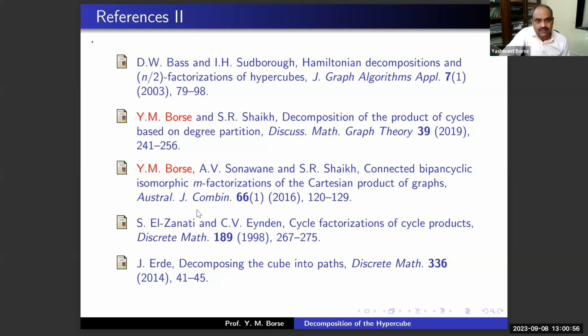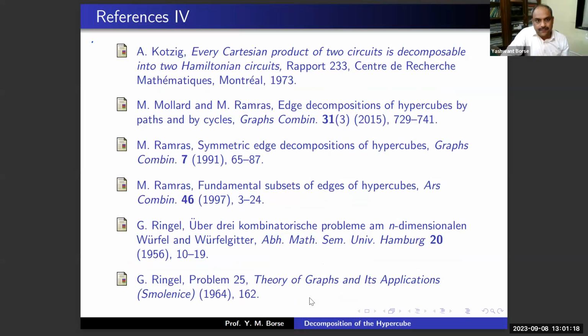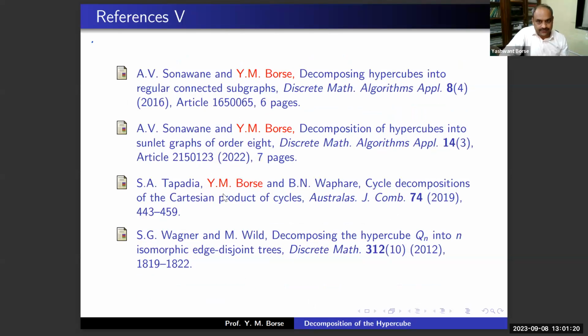These are our papers on degree-based decomposition, M-factorization. And this is the paper I was talking about, decomposition of augmented cubes into regular connected pancyclic subgraphs, a recent paper. And a few more papers about cycle decomposition. This sunlight graph paper is a small paper, and this new paper is along the same line.